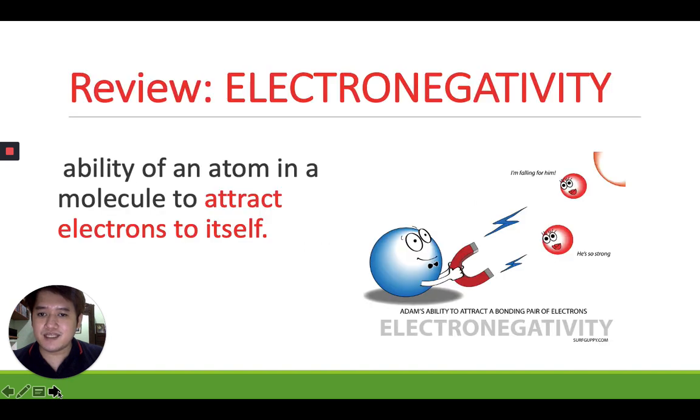But before that, we need to review electronegativity. Electronegativity is basically the hunger for electrons. It's the ability of an atom in a molecule to attract electrons to itself. As distinguished from electron affinity, electronegativity is not an energy, it is a tendency of an atom to attract electrons to itself.